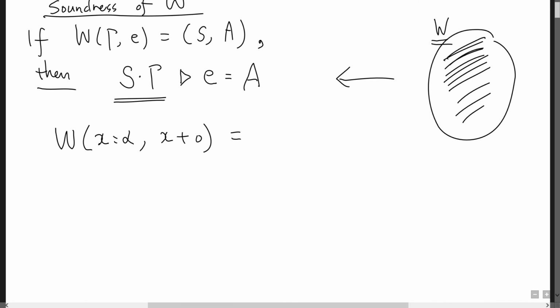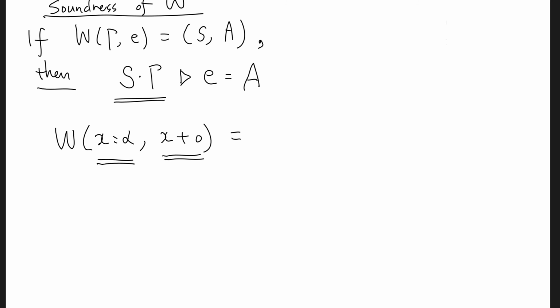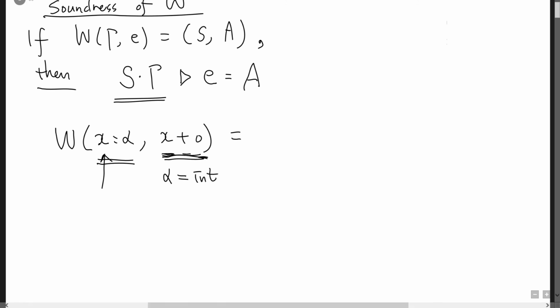So the current typing context is this one. Variable x has a type alpha, and we'd like to find the type of this x plus 0. And the idea is, in the beginning, we don't know the concrete type for this variable x, but later we discover that x is added to integer 0. At which point we can find a new constraint, which is alpha must be int, for the reason that otherwise this expression would fail to type check.